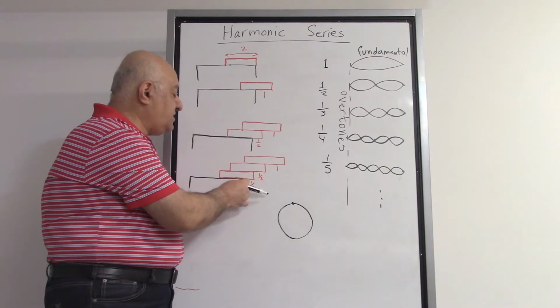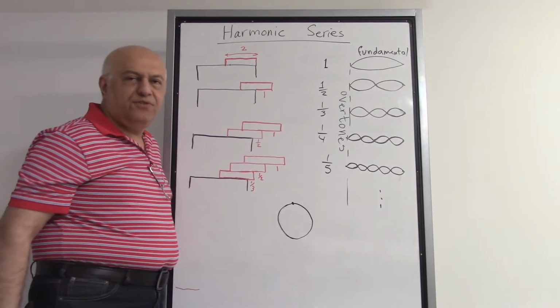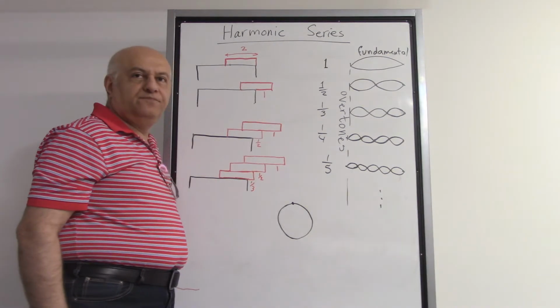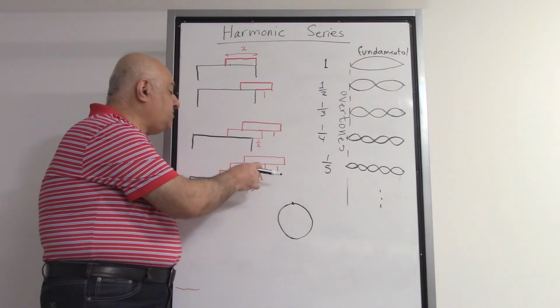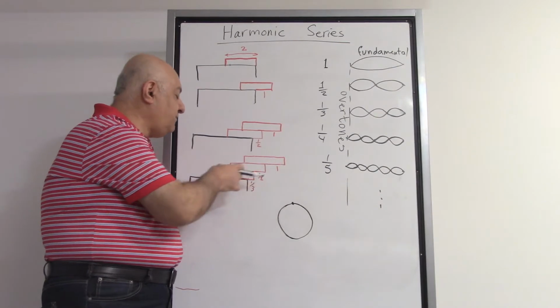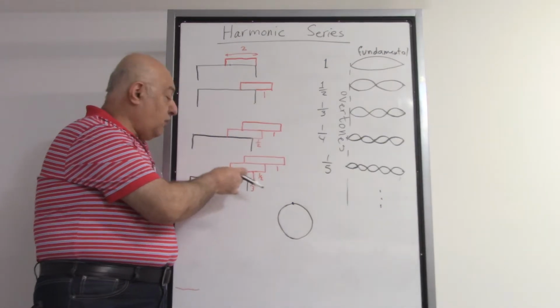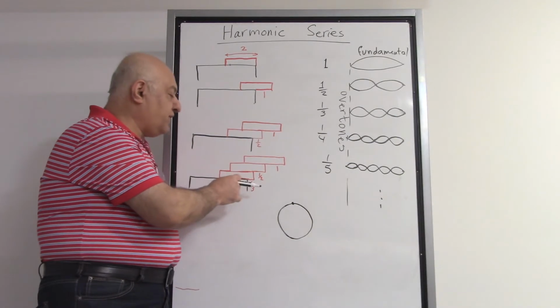So you get this much overhang, 1/3. And you can continue doing that: 1/3 plus 1/2 plus 1. If you have another block, that would be another 1. The next one would be 1/4.